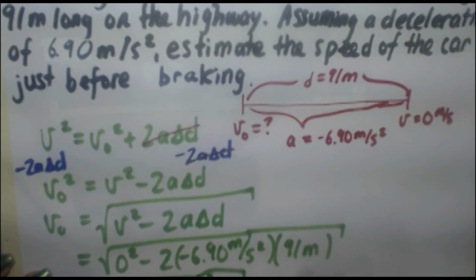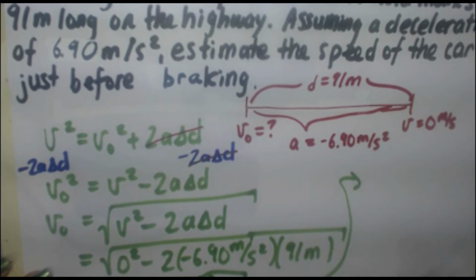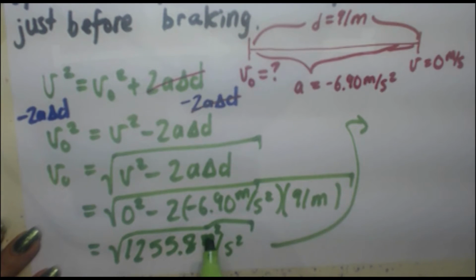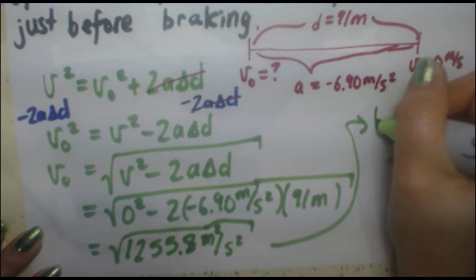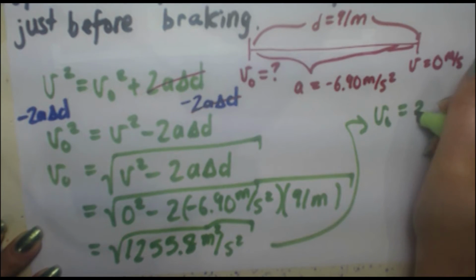When you take the square root of that, you can already see that your units are matching up correctly, because you've got meters squared per second squared. If you take the square root of that, you're going to get meters per second, which is in fact the unit for speed. So if you simplify that, you're going to get V naught equals 35 meters per second.